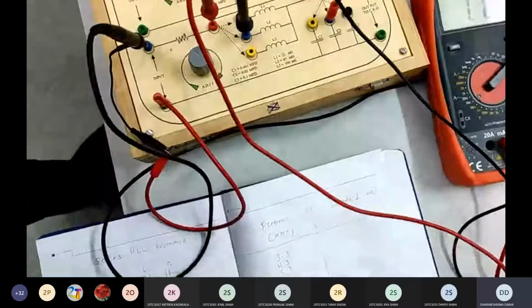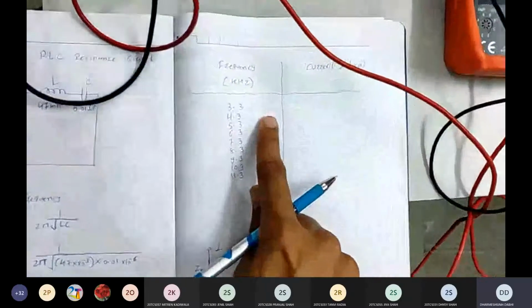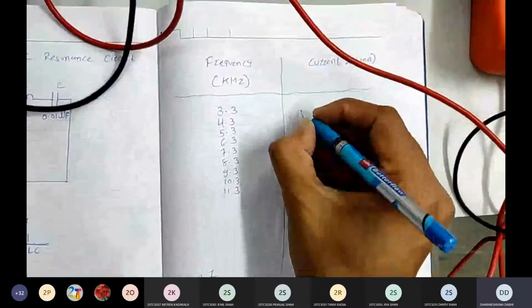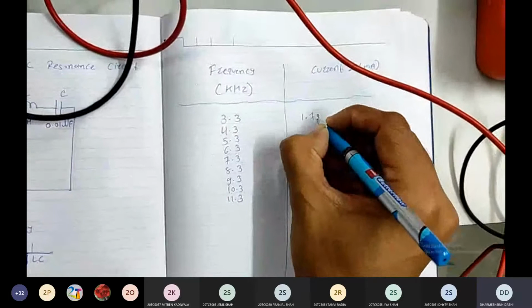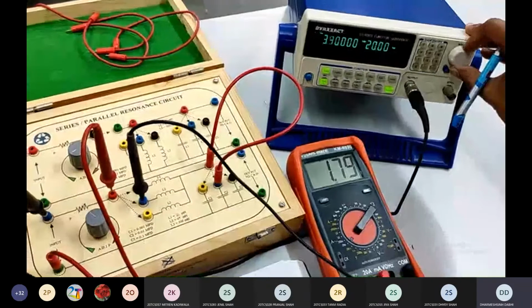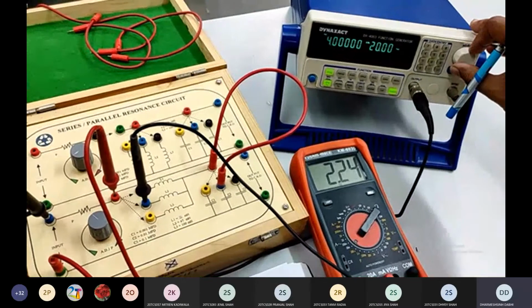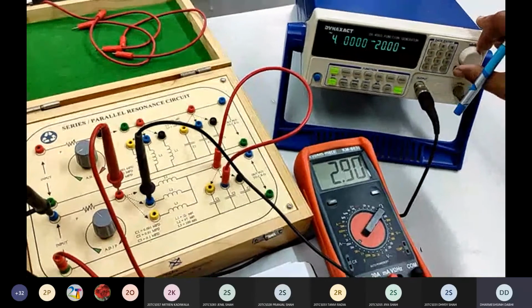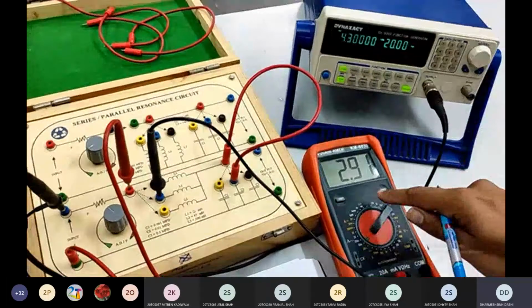Let's write down this reading: at 3.3 kilohertz, the current flowing in the circuit is 1.79 milliampere. Now let's increase the frequency from 3.3 to 4.3 kilohertz and see that the current will increase.